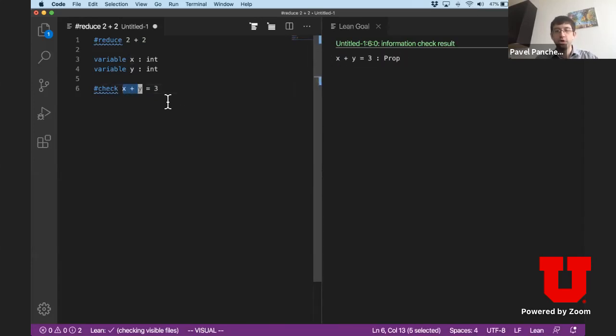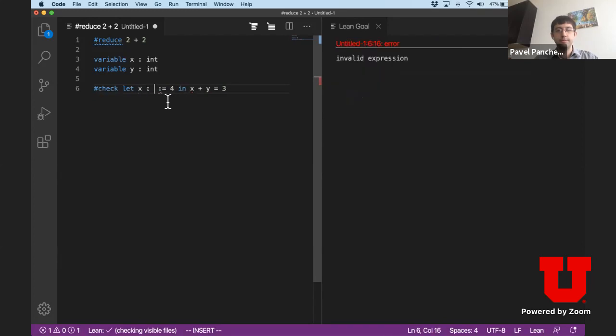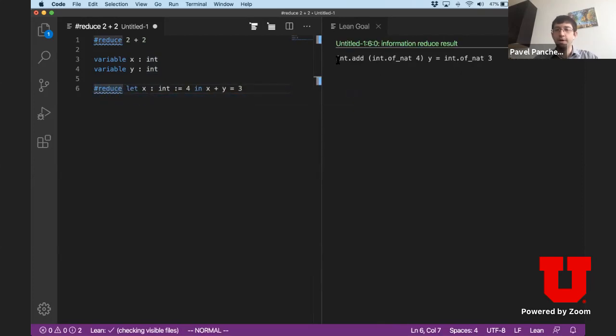So when you write down this proposition, Lean will run both sides, but running x plus y doesn't do anything if x is unknown. Of course, if I give x a value, then Lean can actually run this, and now it has concretely inlined my definition of x so that it is concretely adding 4.